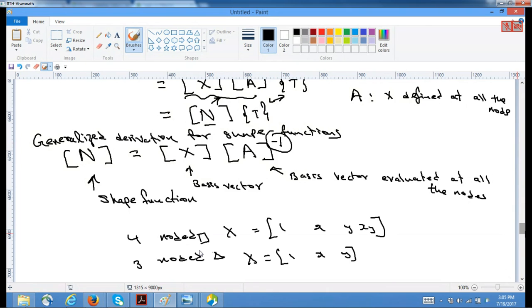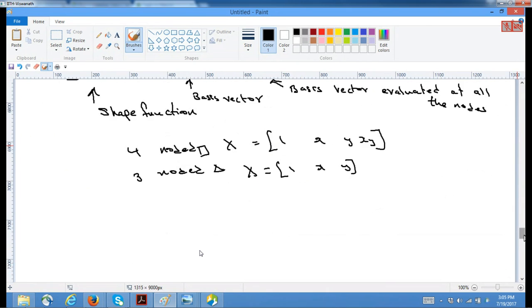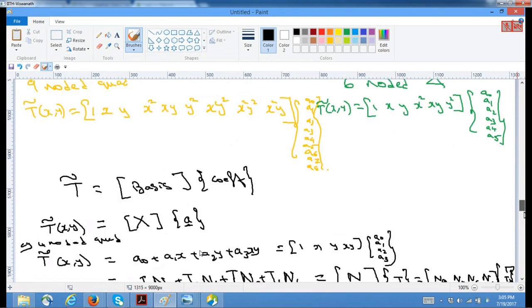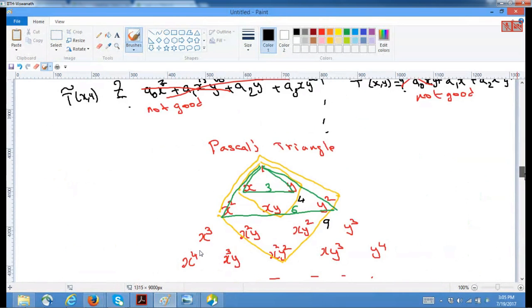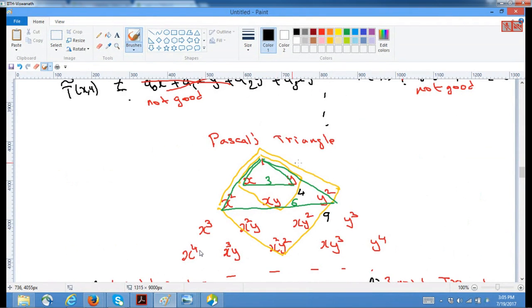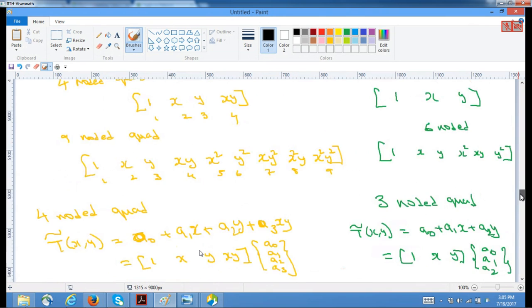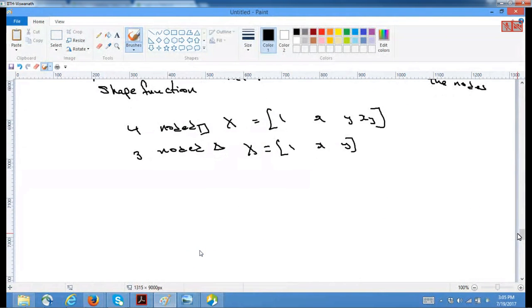Similarly, for the 9-noded element, you already know what X is, and the choice of X is best suited if you follow Pascal's triangle. Okay, so you need to make sure you remember this. Anyway, this looks good, that we have obtained it in some fashion.